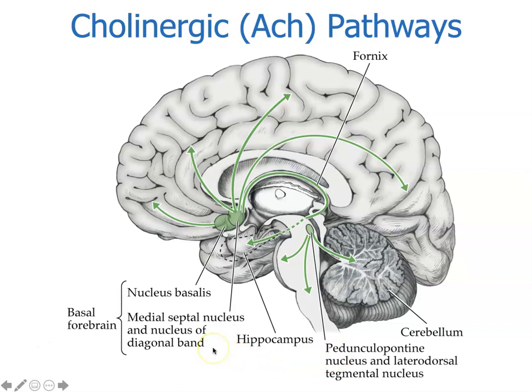And then these particular connections from the basal forebrain have axons that terminate in the hippocampus, which you can see there, and as we've already suggested, have some role in learning and memory, but also in sleep. And then the nucleus basalis will send connections out to the cortex that will modulate arousal.